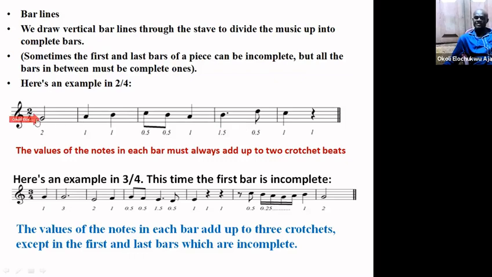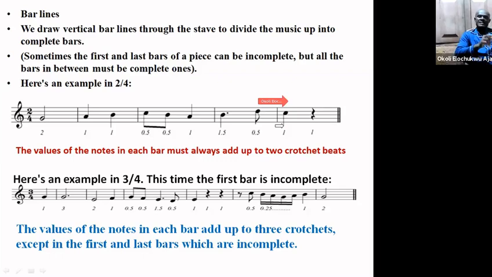In a minim you have 2 crochets, and so this time signature is 2/4, telling you that you have to have 2 crochet beats. Like I was saying, it is not 2 crochet notes, but 2 crochet beats.